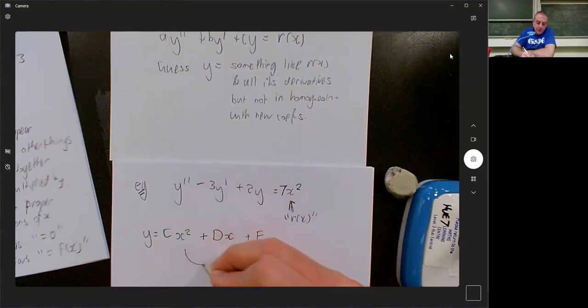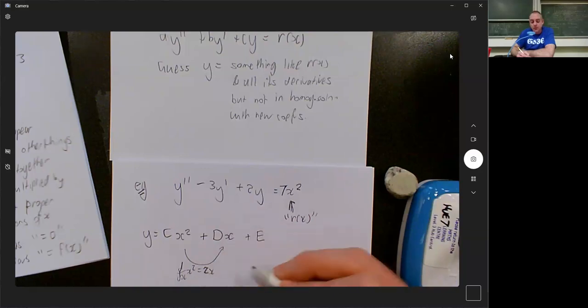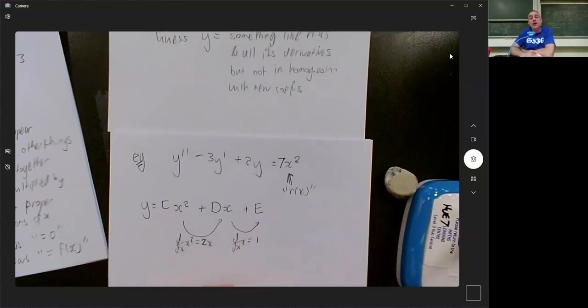So my thinking was the derivative of x squared is 2x, and then I replace that 2 with a new coefficient. And the derivative of x is 1, and I replace that with a new coefficient. And you have to keep doing that until you don't get any more new things.